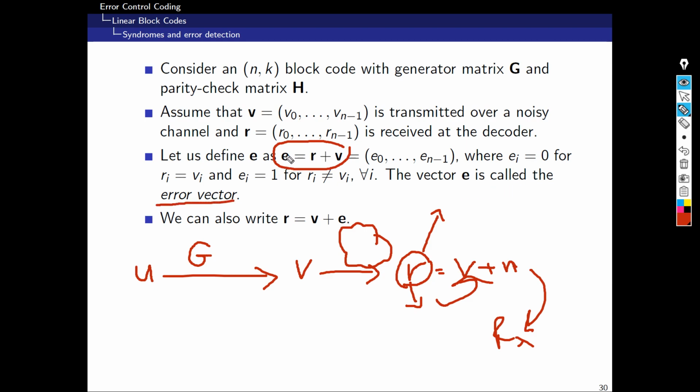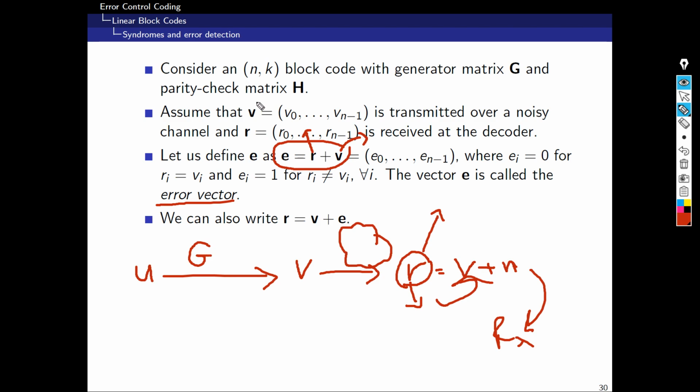Now, why did I define E in this manner? E is equal to R plus V, simply because V is the original code word, and you transmit it, and you receive it at the receiver as R. R is basically the code word summed with the noise.